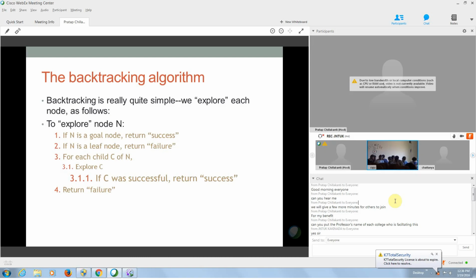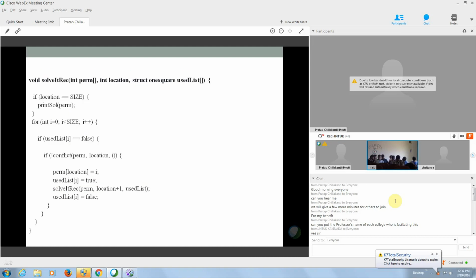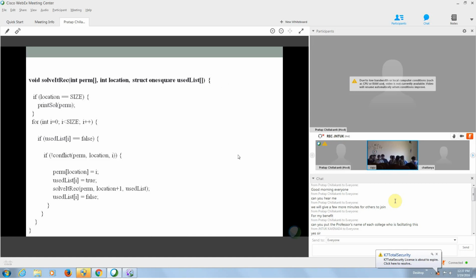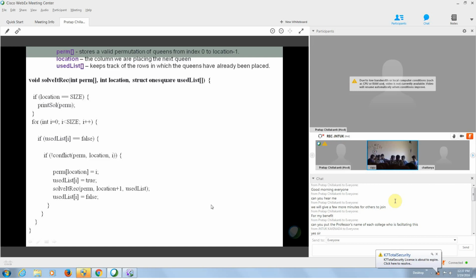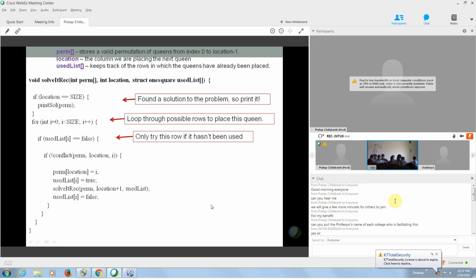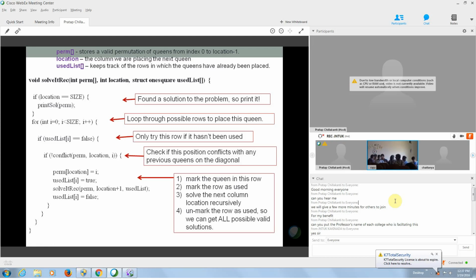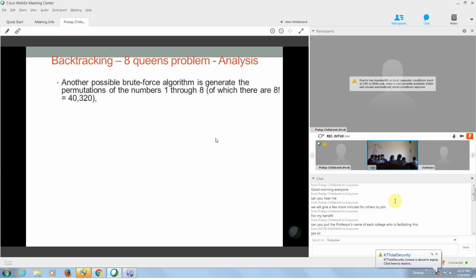We are exploring the child C of the node n, and recursively applying. If C is successful, return success. But if you go to all the leaves and everything is returning failure, your ultimate value that you return is failure. I put the algorithm there for you to convince yourself. I copy pasted that algorithm for you to look at.